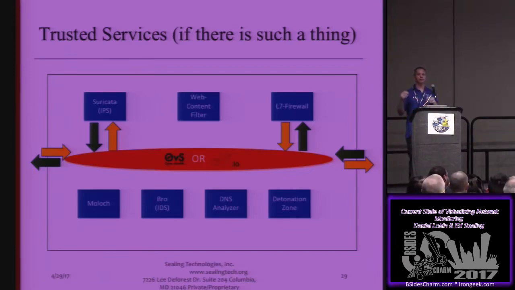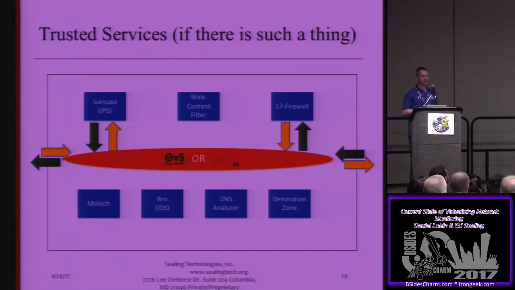If you know that it's type 1 encrypted traffic, why are you putting it through your Bro or your IDS or your IPS? It's fully encrypted. You're just wasting your processing power. So you can do things when you're dealing with individual flows. You can send some flows in some directions and other flows in other directions, all with the same individual hardware. And that's really what we're looking at as far as the future goes.